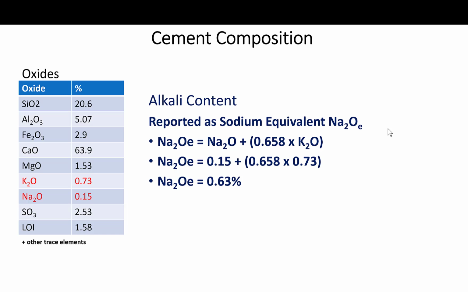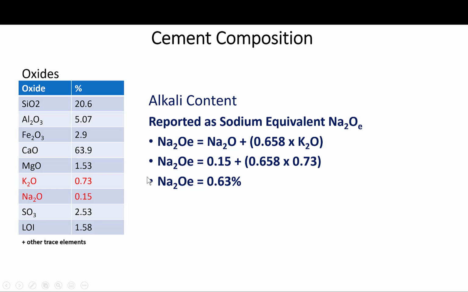Okay, this is the alkali content, how it's determined. If you remember, before I mentioned the alkali content reported as sodium equivalent, Na2OE, which is calculated as follows: the percentage of Na2O, sodium oxide, plus 0.658 multiplied by the potassium oxide.